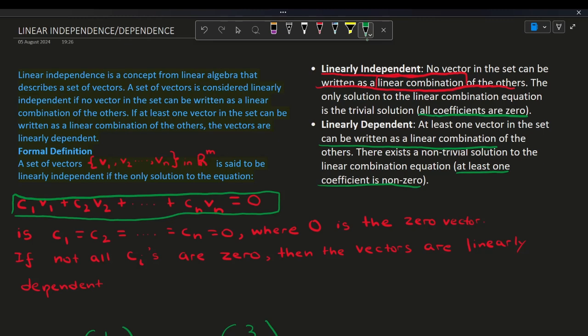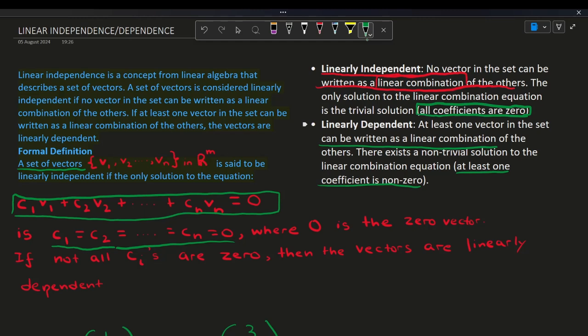A set of vectors is linearly independent only if the solution of this equation is C1 equals C2 equals 0. That means all the C's, C1, C2, all the way up to Cn, are all 0. That's what it means when we say all coefficients are 0.